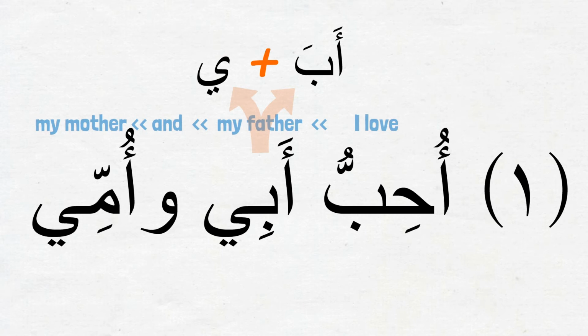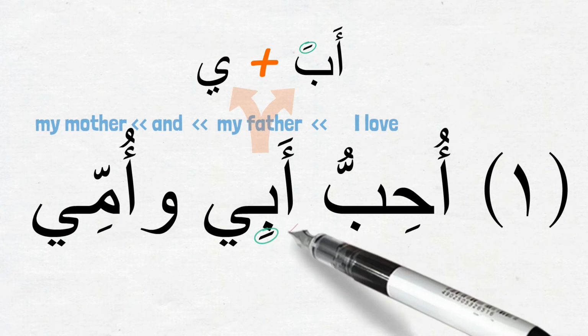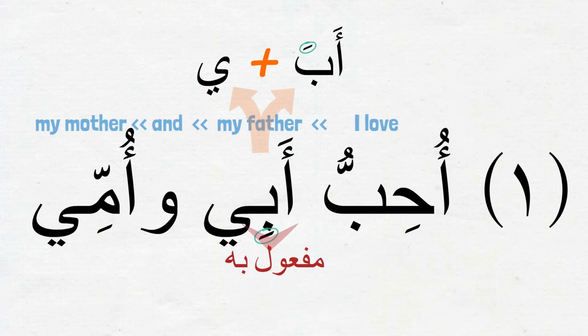When it is combined with ya, the ضمير متصل ya pulls down the fatha ending of أبا and it becomes أبي. So the mansub sign of the ism Abu is not apparent in Abi. But we know that مضاف أبا of the إضافة أبي is mansub because it is مفعول به.